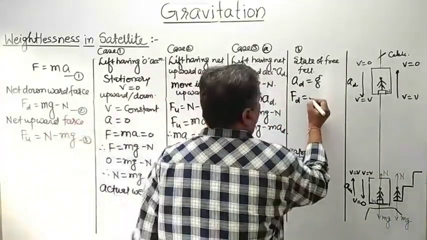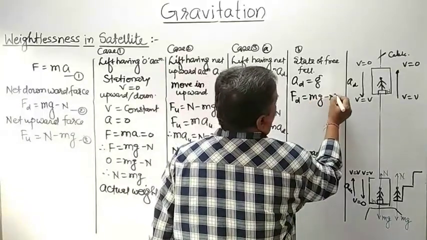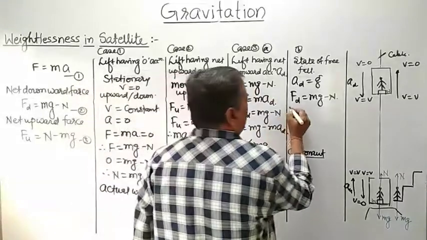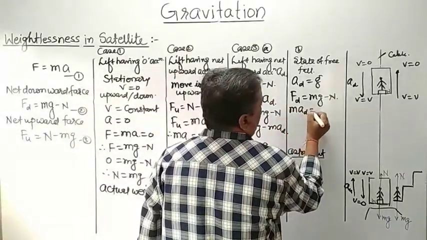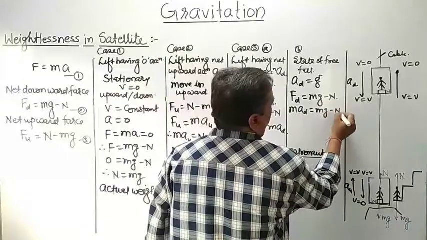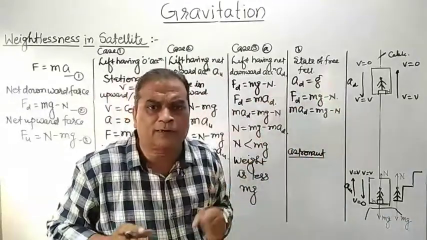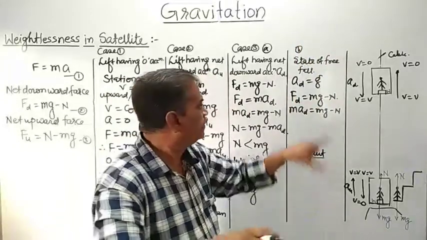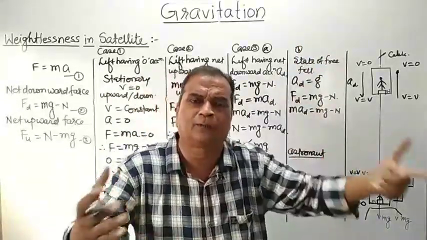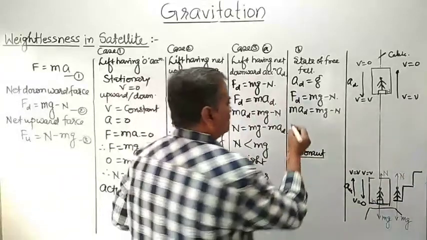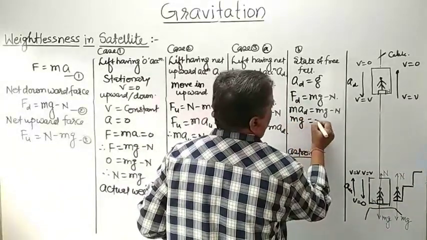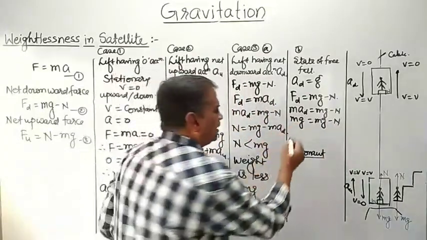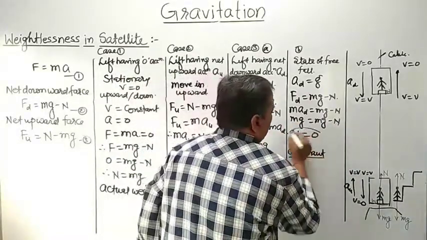FD is equal to mg minus N. But FD, force in a downward direction, is mass into acceleration in downward direction, that is mg minus N. But AD equals g for the case of what? State of free fall. Acceleration in a downward direction equal to acceleration due to gravity. So that's why here m into g becomes equal to mg minus N. Naturally this N becomes equal to 0.